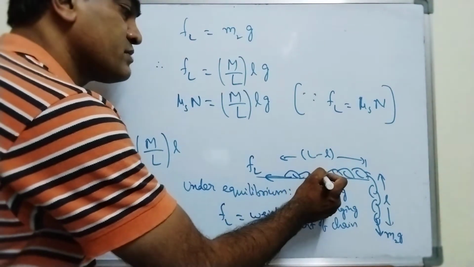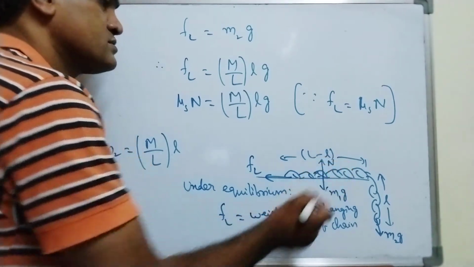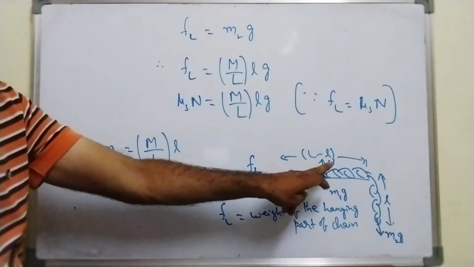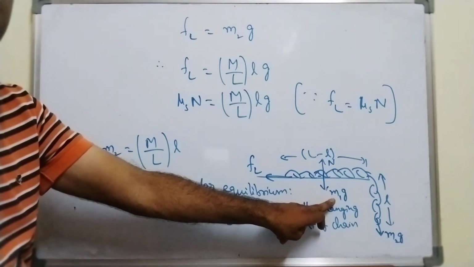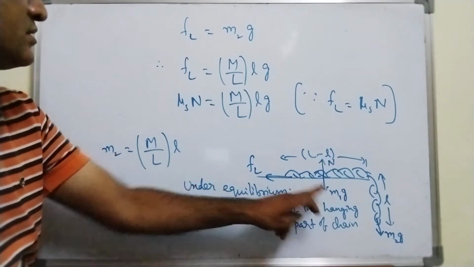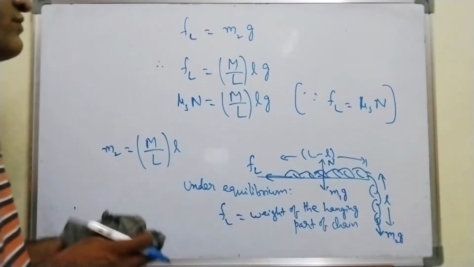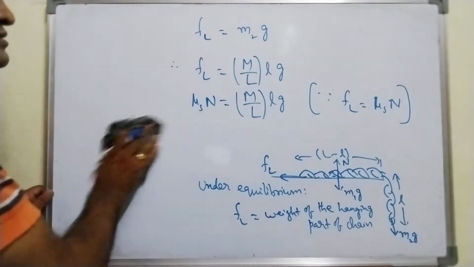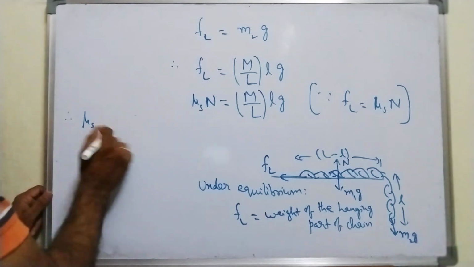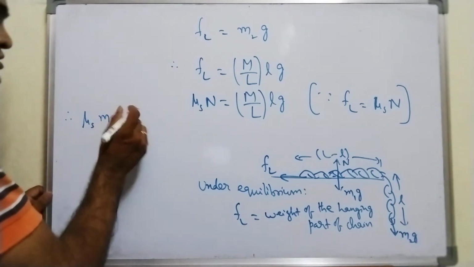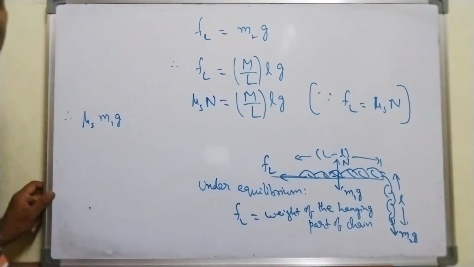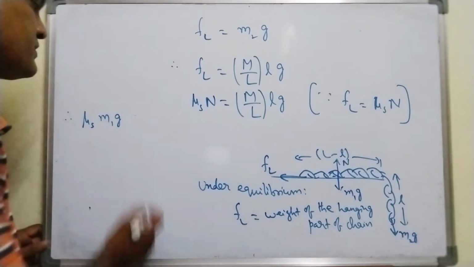This is the lying part. So this should be balanced by what? This should be balanced by the normal force. So in place of normal force, can I write M1g? Yes, I can write normal force as M1g, because the normal force is balanced by M1g for the part lying on the table.